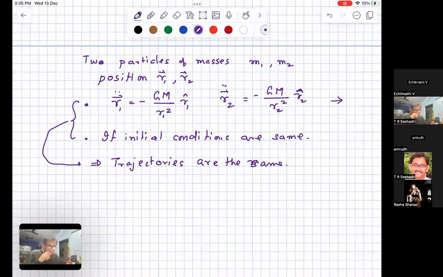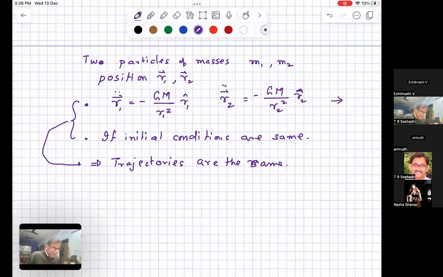The reason is that the equation of motion is independent of the masses of the system. So whether it is the spaceship or the astronaut, the equation of motion is the same. When the astronaut came out, the position and velocity of the spaceship and the astronaut are identical; their initial conditions are identical.